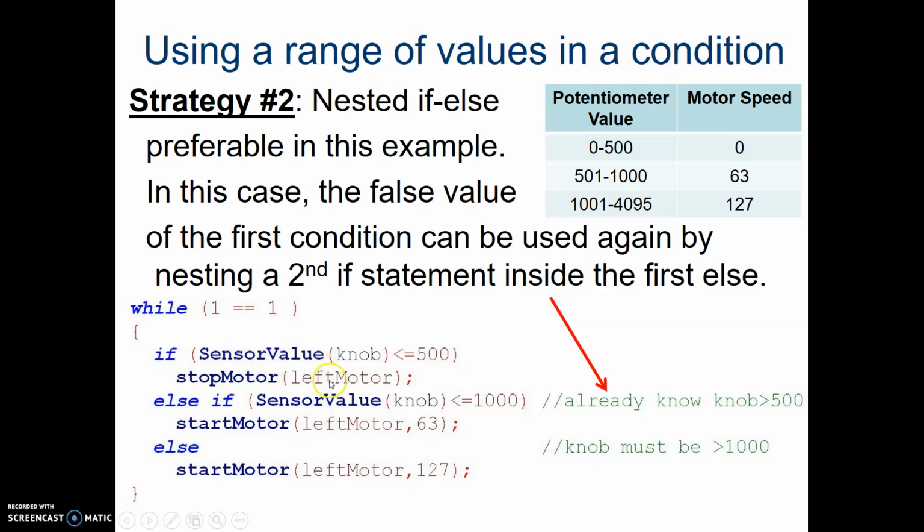And if that's not true, we're going to go to the next step. If it's less than 1,000, because we already checked for the 500, so it's already between 500 and 1,000, or else everything else is not going to work. So now you've got a little bit of backup, a little bit of strategy.